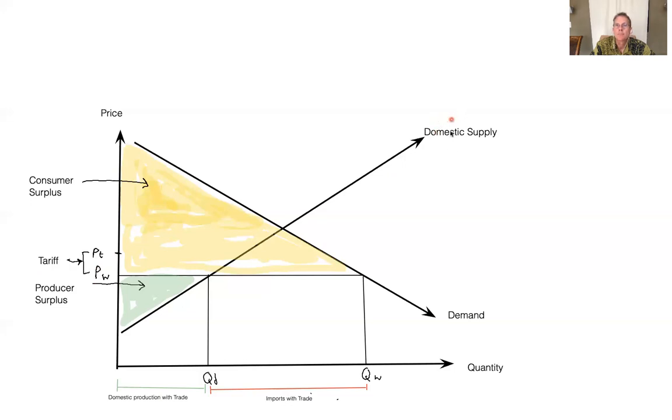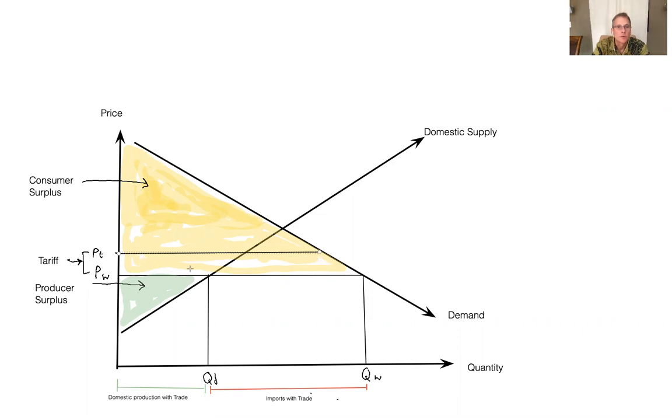So let's draw that going across. And so once the tariff is imposed, this then becomes the new tariff economy price line. And obviously, prices have gone up.